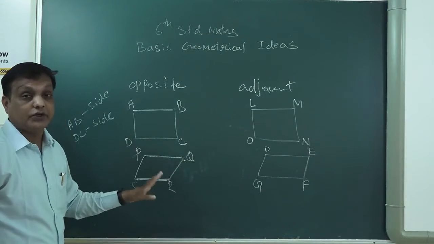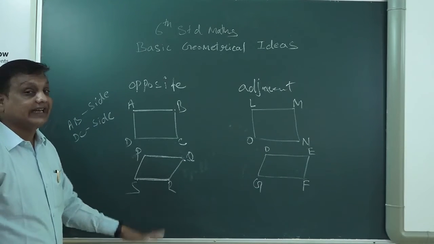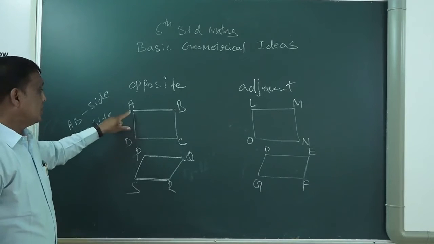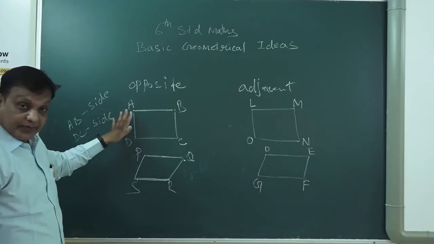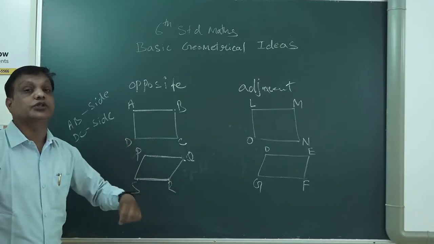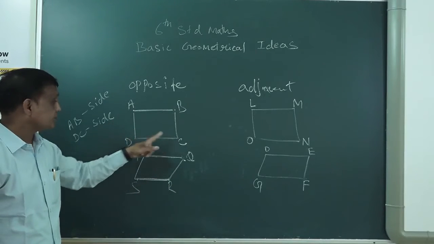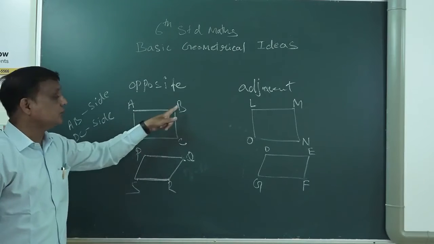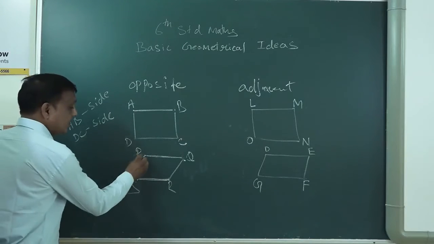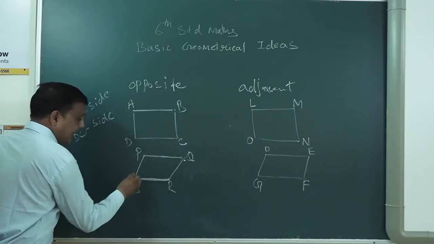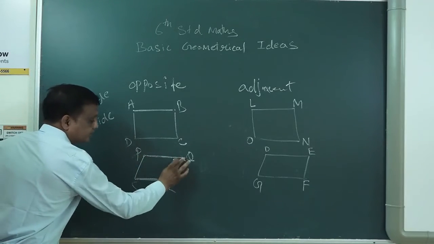Here we talk about the sides. Opposite, understand? I am repeating once because you may be confused, so there is no confusion about this. AB opposite to DC and AD opposite to BC. Here PQ opposite to SR and PS opposite to QR.